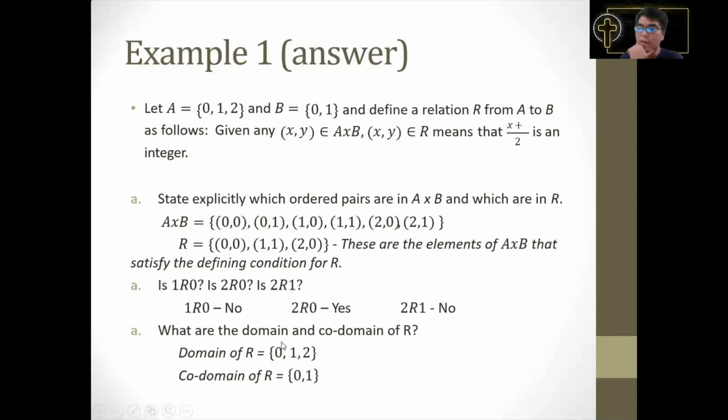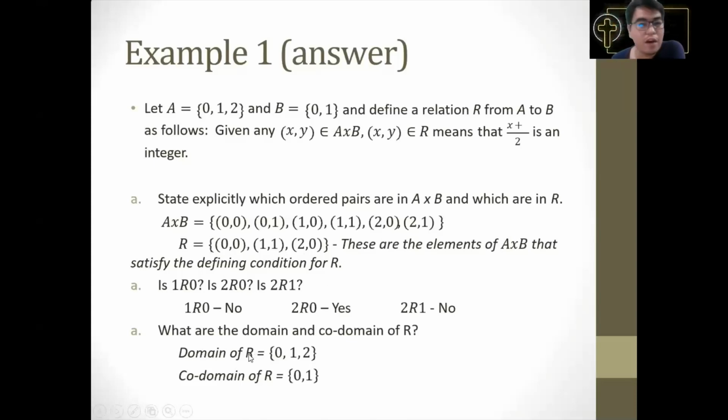Now, what are the domain and the codomain of R? The domain of R is as follows: 0, 1, 2. If we refer back to the roster set of R, we could see that these are the first elements, or the first terms, in the three ordered pairs.